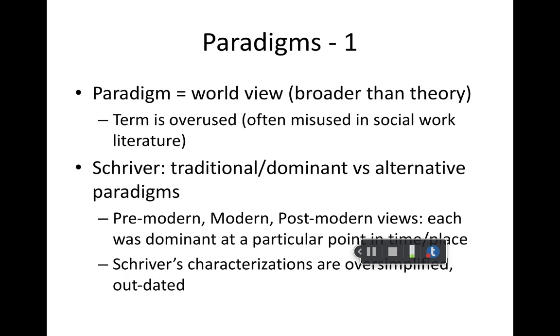The article by Shriver talked about traditional or dominant paradigms versus alternative paradigms. Shriver's point here is that at any given point in time, there is a main worldview that's dominant or traditional, and it might be challenged by an alternative view. He talked about 3 different eras. In the pre-modern era, that is before modern science, the traditional or dominant paradigm was the church and state.